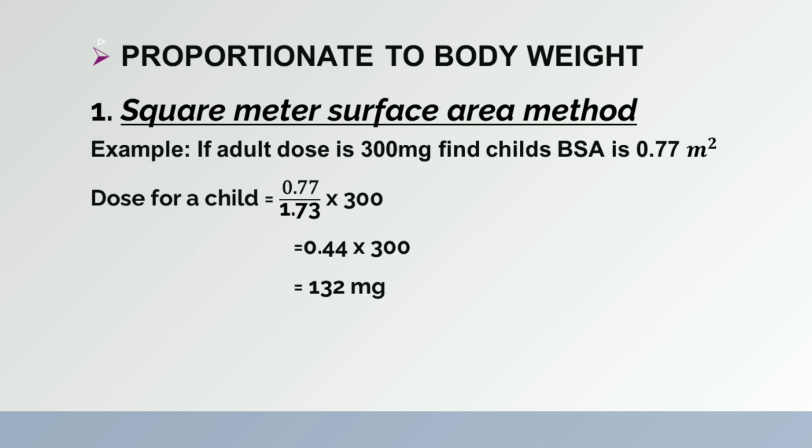Then the next one, based on body weight, was Clark's rule. And the last one is based on body surface area. One error in this slide: the heading has to be proportionate to body surface area and not body weight. Please ignore the mistake.